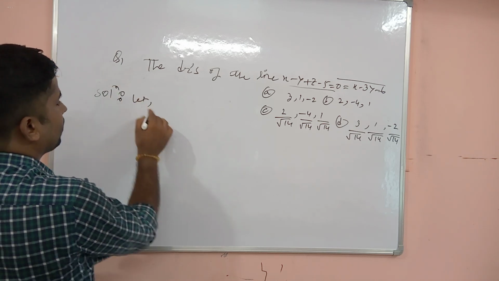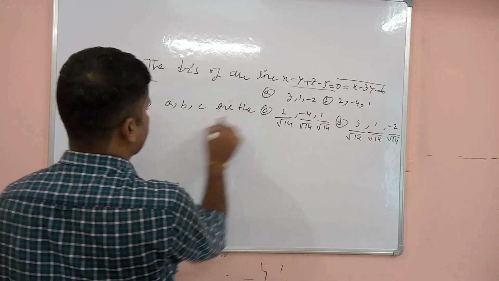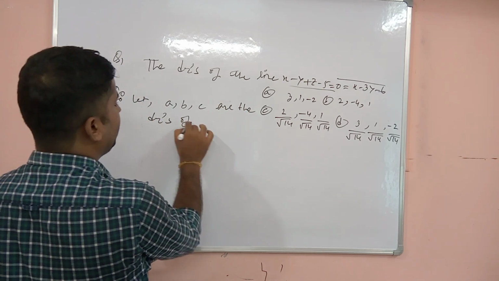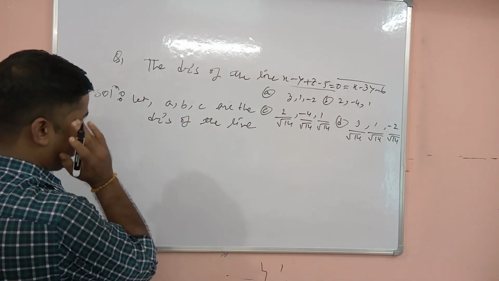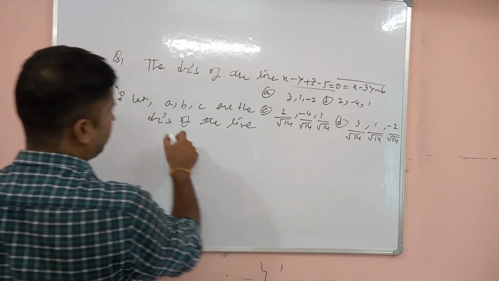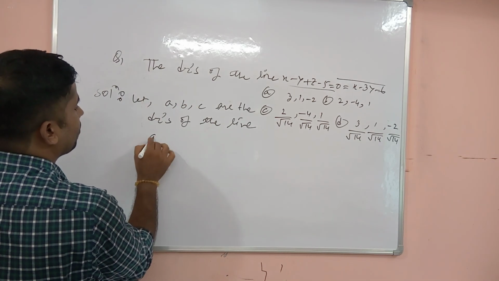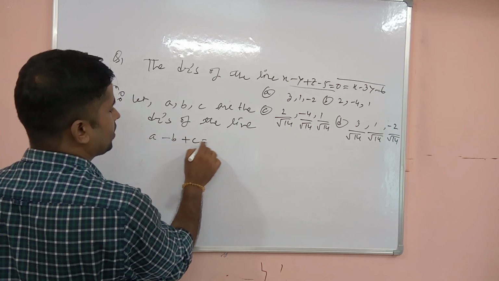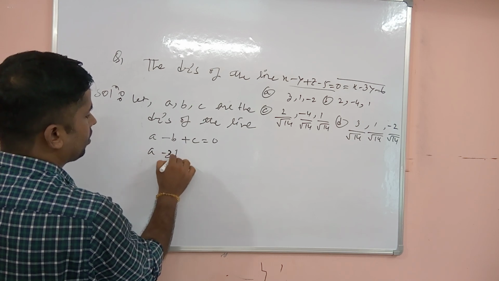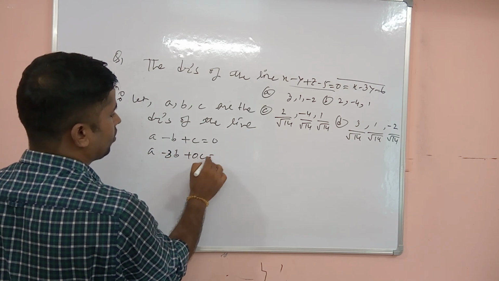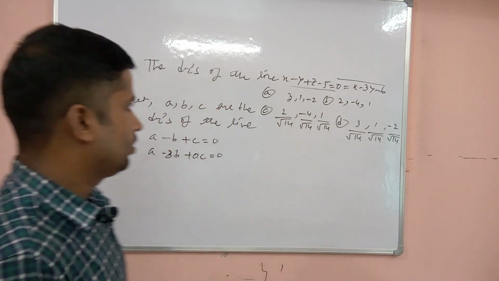So the solution would be like this. Let a, b, c be the DRs of the line, then coefficient of x, y, z into a, b, c is equal to 0, meaning a minus b plus c is equal to 0, and a minus 3b plus 0c is equal to 0, as z is absent there.